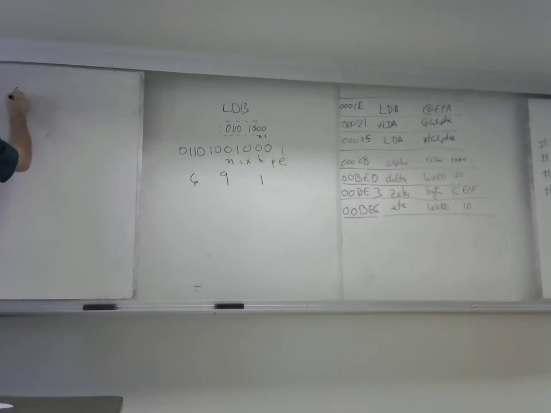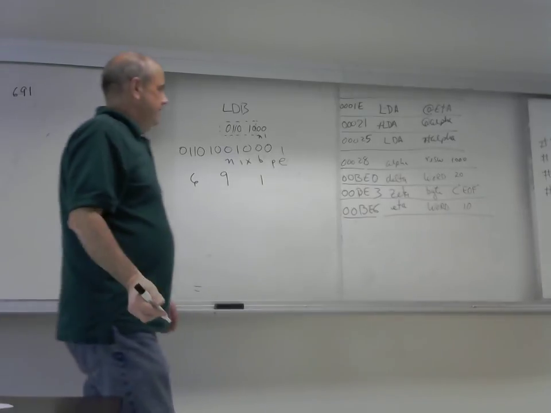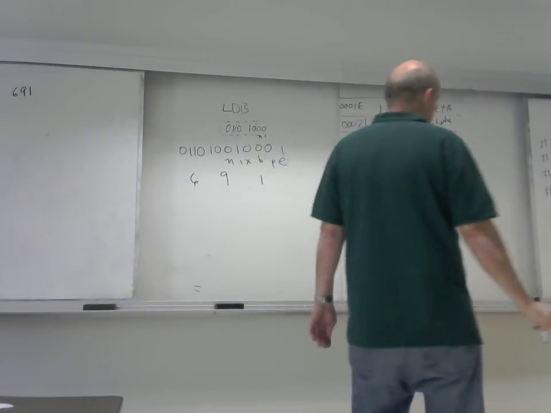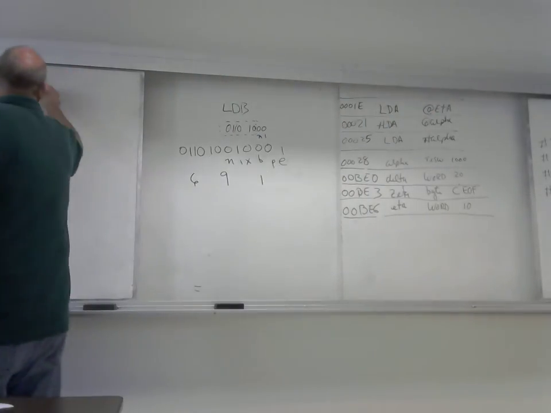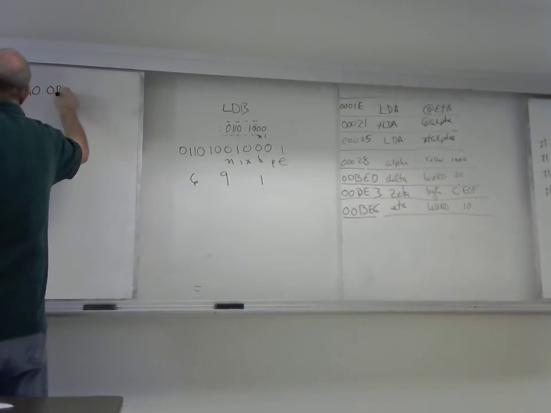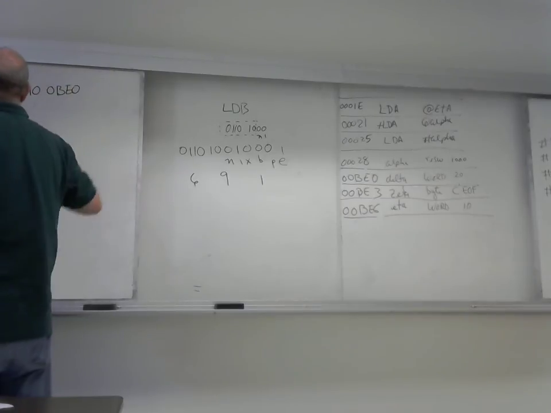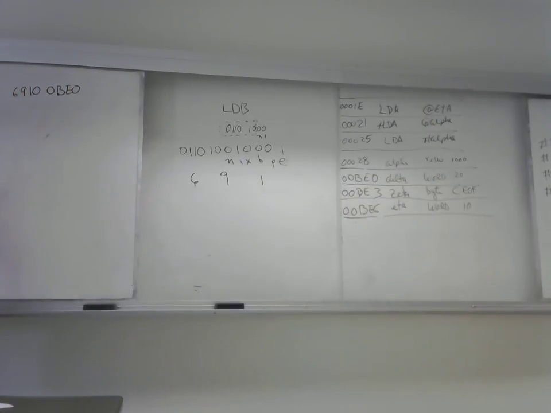We have 6, 9, 1. And what's the address of pound sign delta? 0, 0, B, E, 0. And then, okay, base is now enabled. Base is only forward, not backwards.